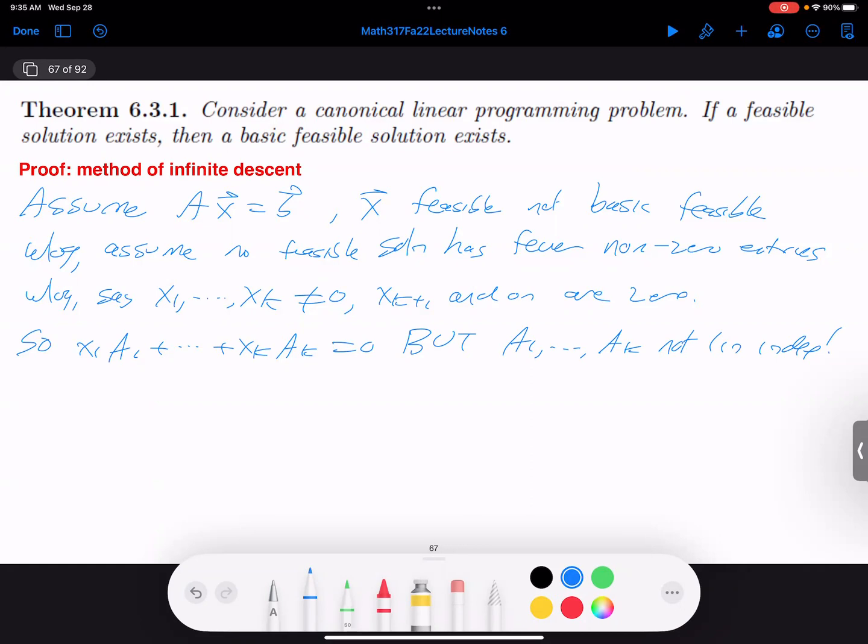Yeah, because we're assuming X is not basic. By definition of what it means to be basic, if you're basic, then the corresponding columns have to be linearly independent. Since you're not basic, they're not linearly independent. Thus, there exist alpha 1 through alpha k such that alpha 1 a1 plus ... plus alpha k ak equals 0, the zero vector.